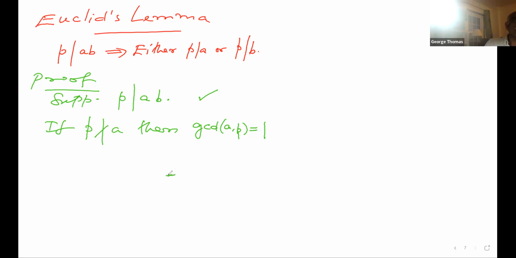For example, 7 divides what? 14, sir. 7 divides 14, right? 7 divides 2 times 7. Yes. 7 divides AB. And if 7 doesn't divide 2, it must divide the other number, which in this case is 7. Okay?